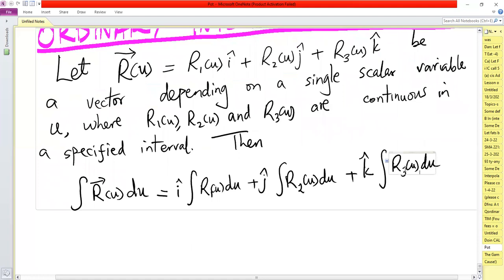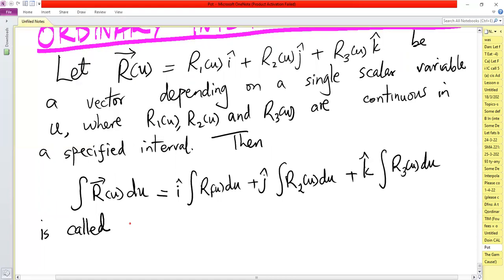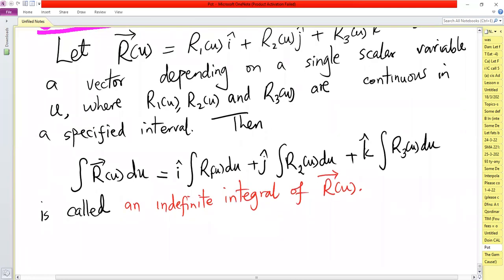And this is called an indefinite integral of R of u. So that's what defines an ordinary integral of a vector function R.